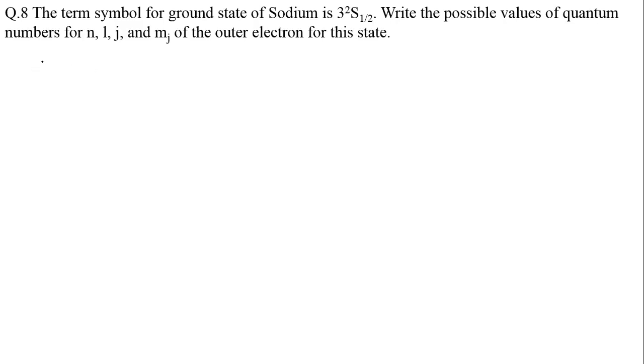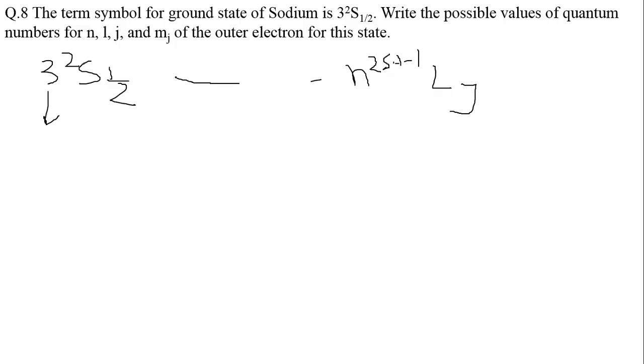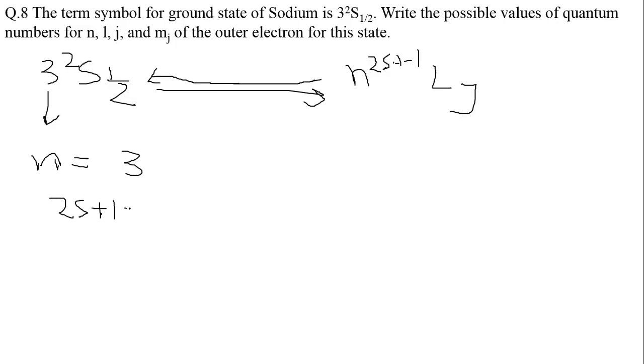The sodium ground state is given as 3 2S 1/2. If we compare it to the spectroscopic notation, n 2S+1 L_J, then we can easily say that n will be 3, and 2S plus 1 equals 2.